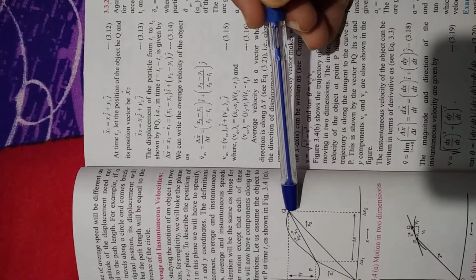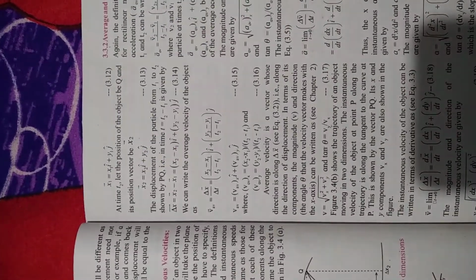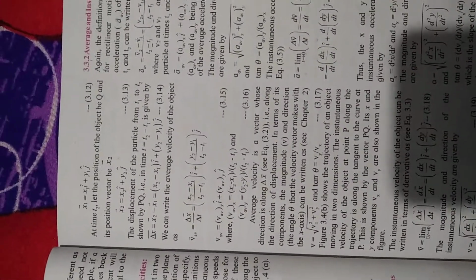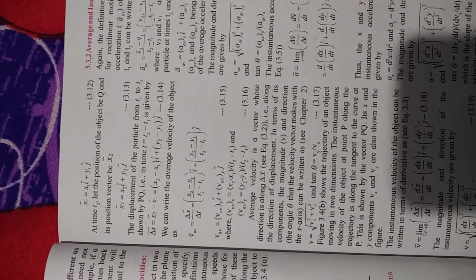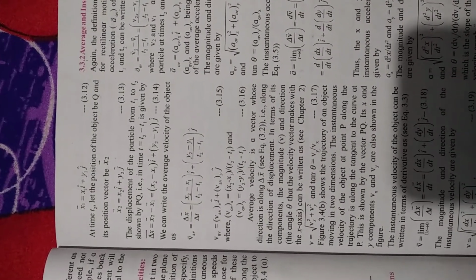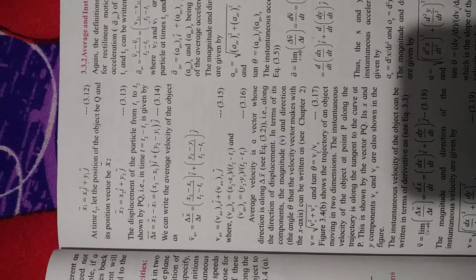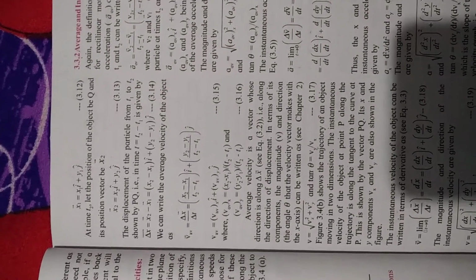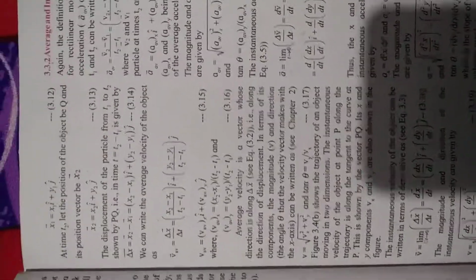And at time t2, where it has reached Q, we can write r2 is equal to x2 i plus y2 j. So the displacement of the particle from t1 to t2 is shown by the curve PQ, in time t2 minus t1, which is the time required by the particle.